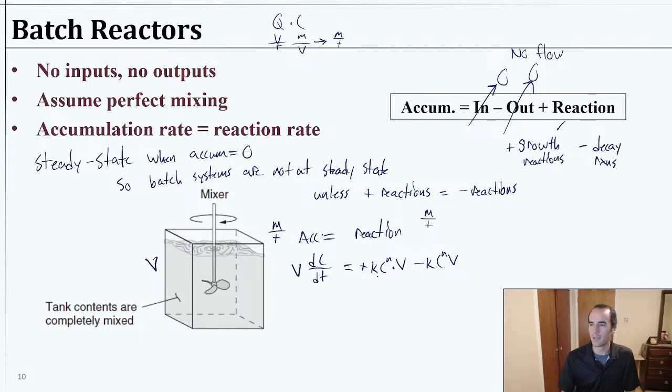And here I'm going to say k growth and k decay, just to differentiate, to suggest maybe we have one of each, but we could very well just have a simple case for a first order decay. It would look like this: V dc dt equals negative k times c to the 1 power times volume. And that would be our entire mass balance equation.